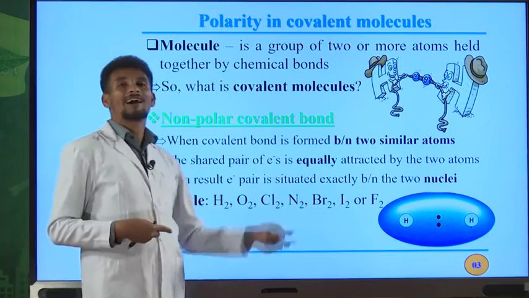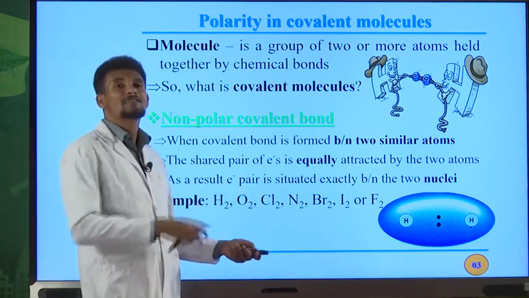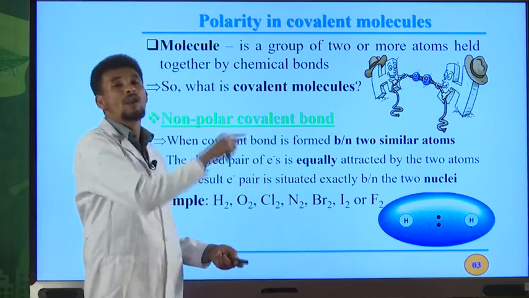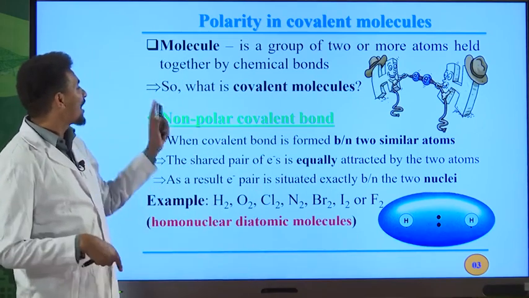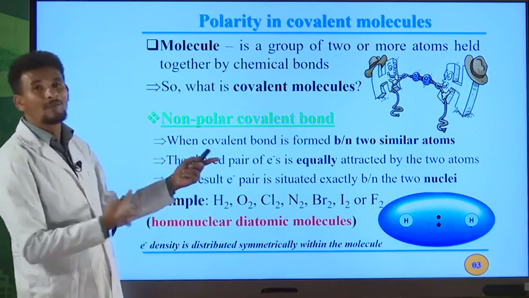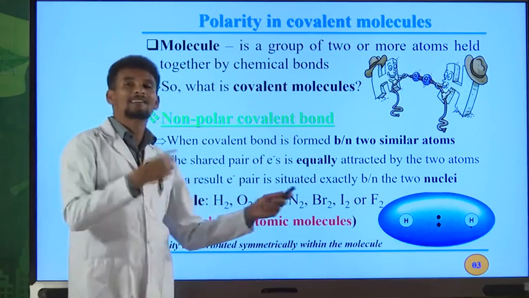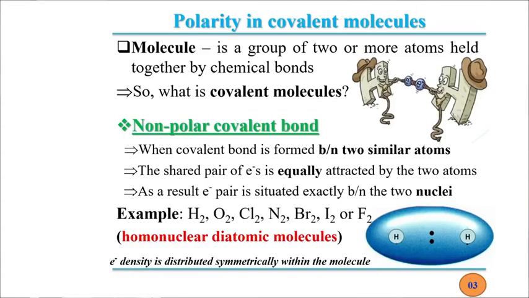So all these are homonuclear diatomic molecules. The bonds in all these homonuclear diatomic molecules are nonpolar covalent bonds because there is equal sharing of electrons between the atoms. Electron density is distributed symmetrically within the molecule.